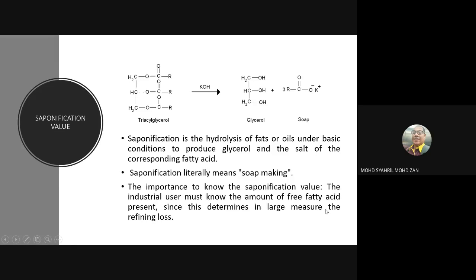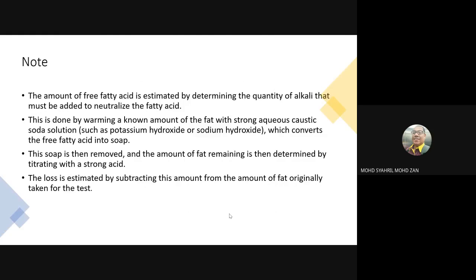The important to know saponification value, the industrial user must know the amount of free fatty acids present, since this determines the large measurement of refining loss. Okay. So the amount of free fatty acid is estimated by determining the quantity of alkali. So kenapa alkali? Because we're using potassium hydroxide, KOH, that must be added to neutralize the fatty acids.